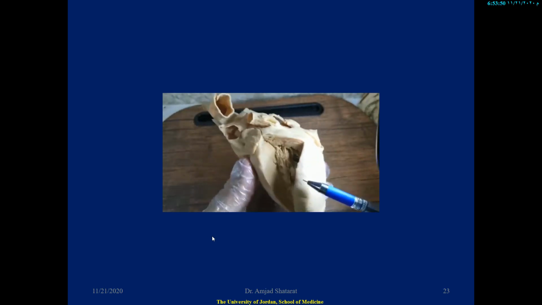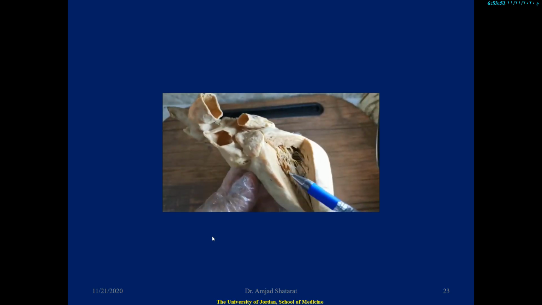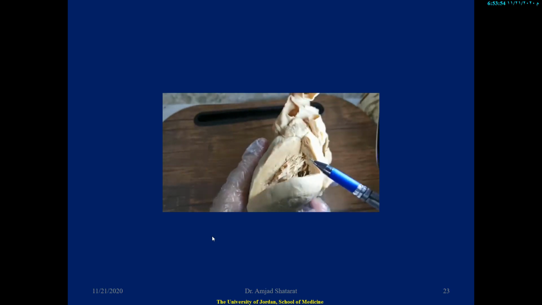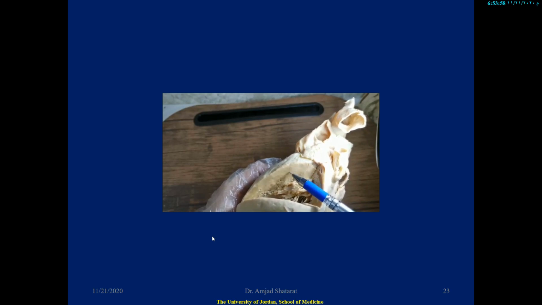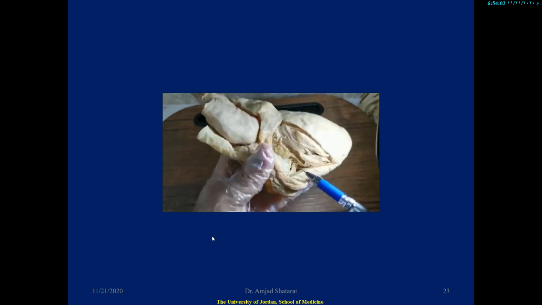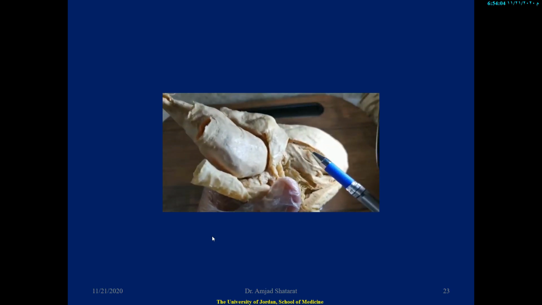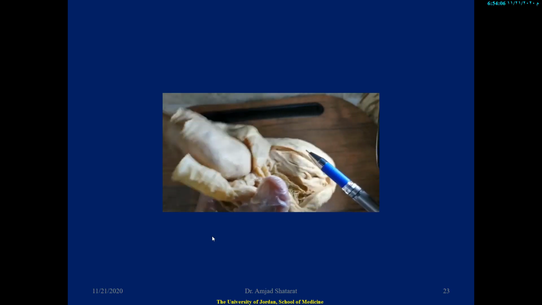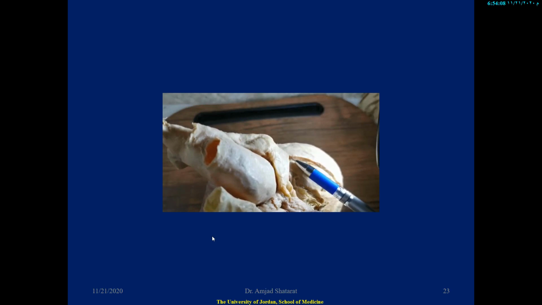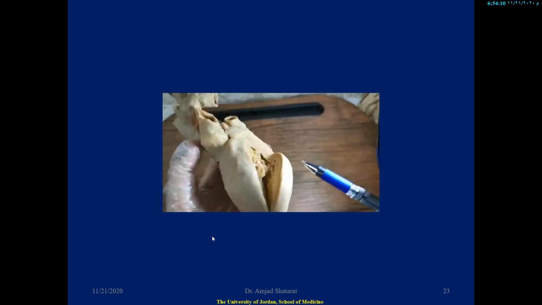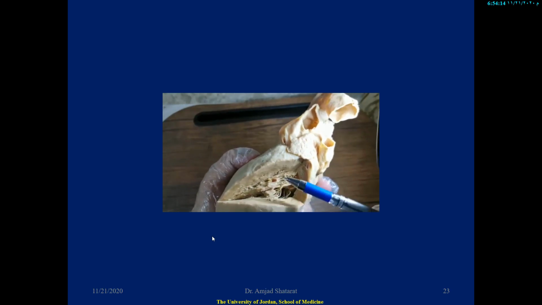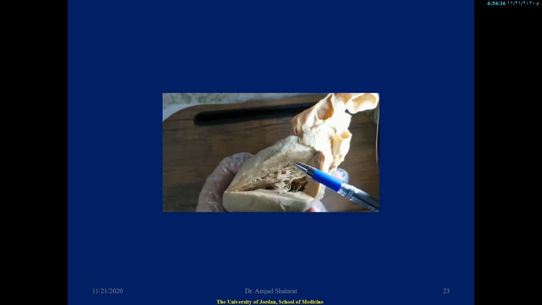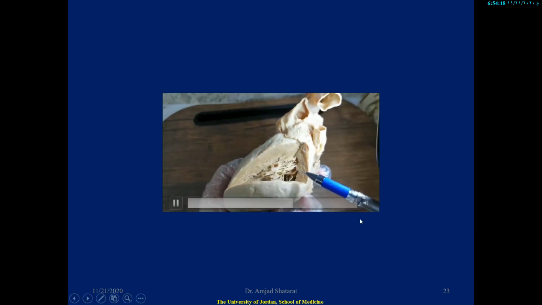On this side you can see the difference between the thickness of the myocardium of the left ventricle and that of the right ventricle. This is the right ventricle, how thin it is, and here is the left ventricle, three times thicker than the right ventricle.